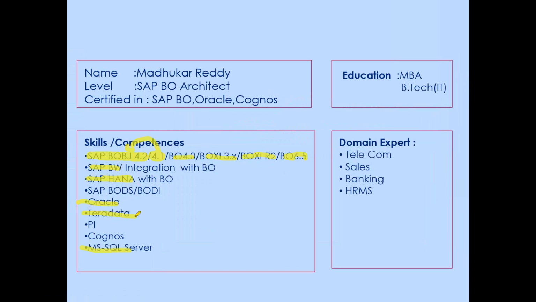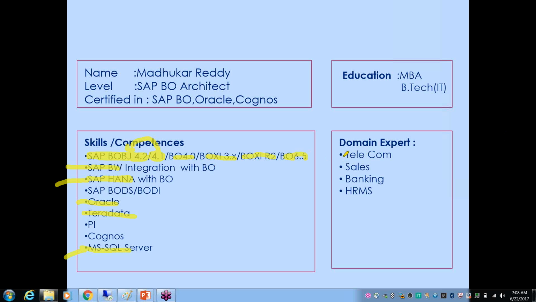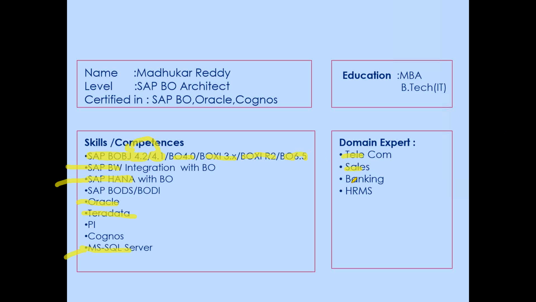In this training, I'm going to explain developing reports by connecting to different sources: BW, SAP HANA, and non-SAP sources such as SQL Server. This is what I'm going to cover. In my experience, I worked with different domains: telecom, sales, banking, HRMS.